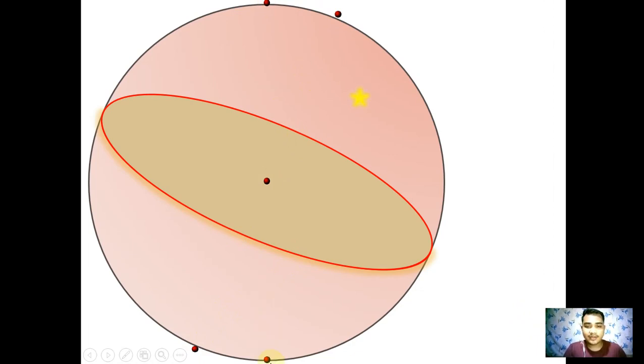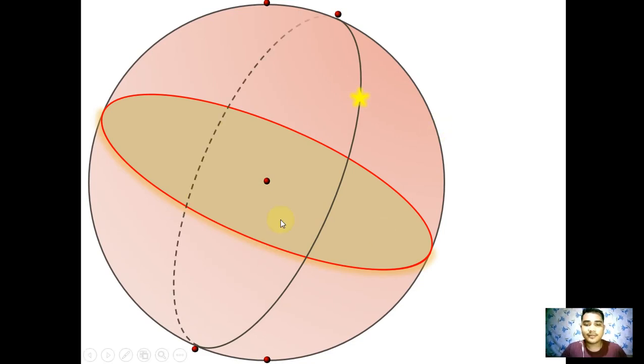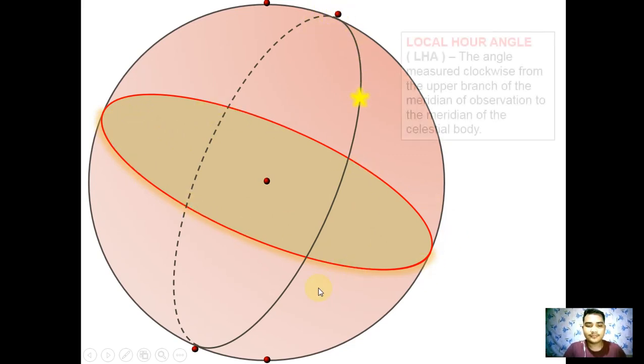We have here the star, and this is the hour circle, the second reference plane in the hour angle system. The first plane is the equator, and the second plane is the hour circle.